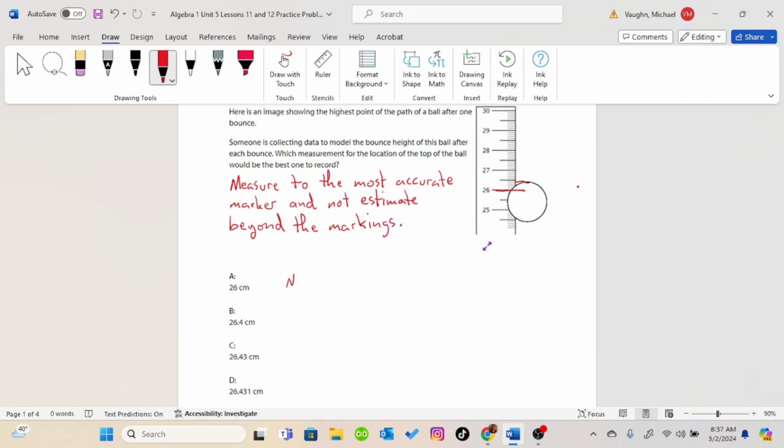So A is not accurate enough, and C and D are estimates. So B would be the best measurement.